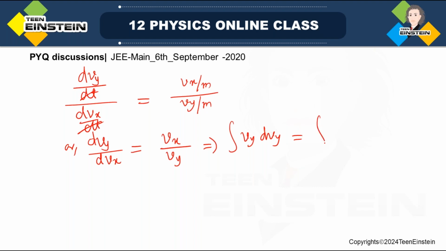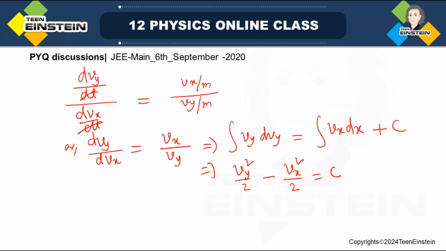Okay, so from here, look what we can do, we can just integrate vy with dvy and vx with dvx, and let us take integration constant to be c. So from here we'll get vy square by 2 minus vx square by 2 is equal to c, or vice versa.